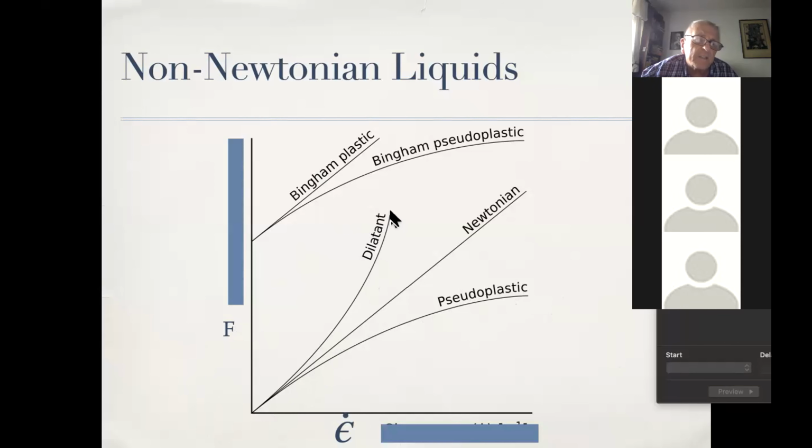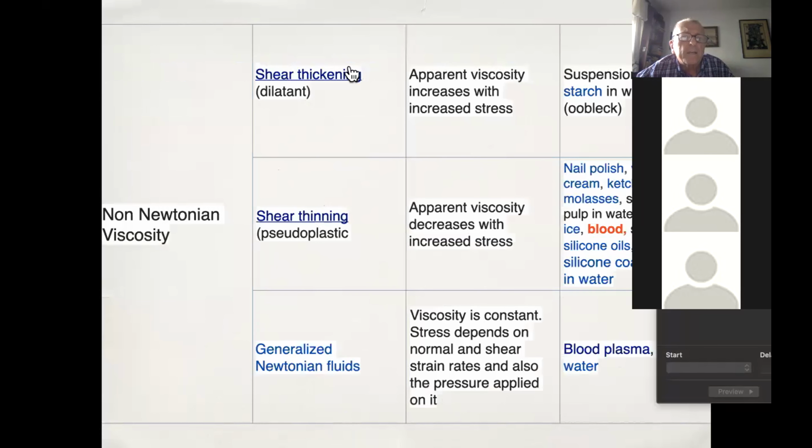If it increases, it's called dilatant. And if it starts with a certain value, it's called a Bingham pseudoplastic. It turns out that these liquids play a particular role in our life, because human blood, and actually the blood of all animals, is to some extent a Bingham pseudoplastic.